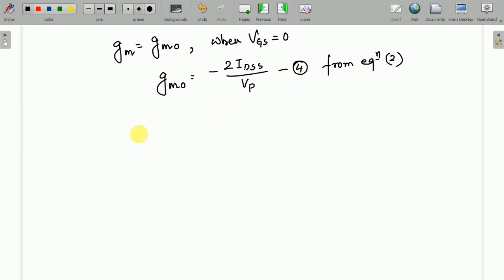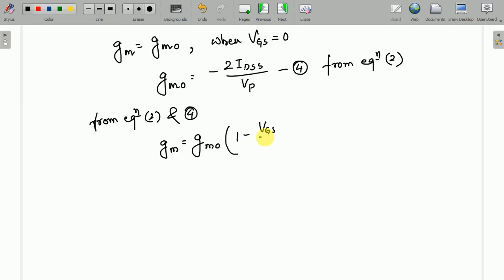Then from equation 2 and equation 4, we can write GM is equal to GMO multiplied by (1 minus VGS by VP). Let me give this equation number 5.